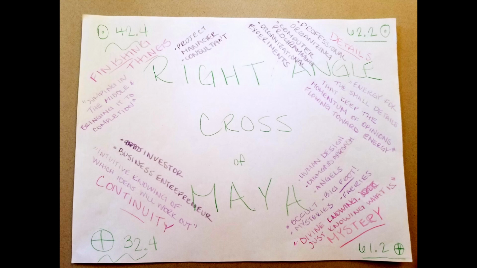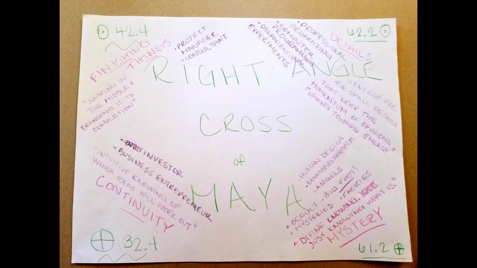And this can be expressed in jobs like professional organizing, computer programming, organizational experiments, and it's called energy for the small details that keep the momentum of opinions flowing toward energy.